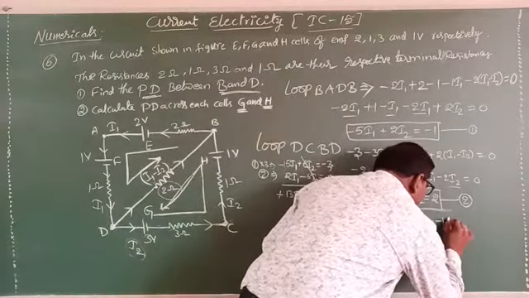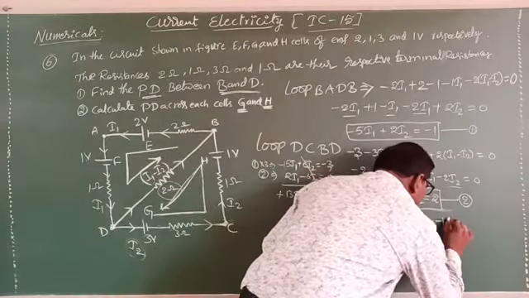How much is it? It will become minus 8 by 13. Here 2I2, 4 times 2 is 8. Then I2 equals, how much do you get? Minus 4 by 13 amp.